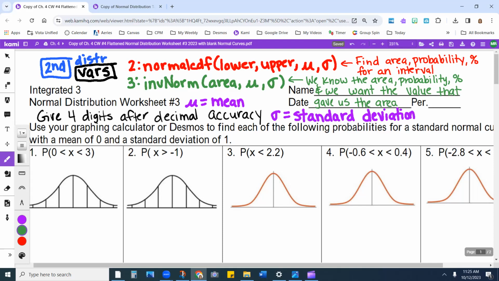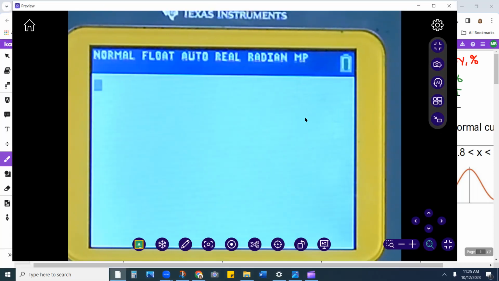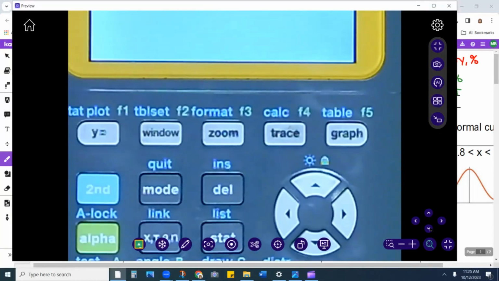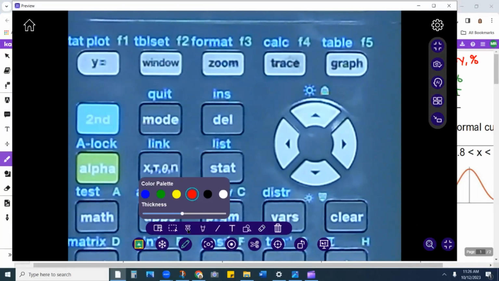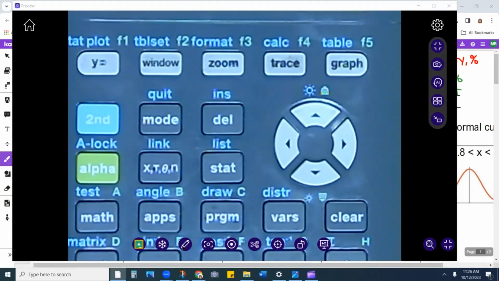So on the calculator, let me get it over here for us to see. Here is our second button, and over here is our VARs. That's what we're going to press.